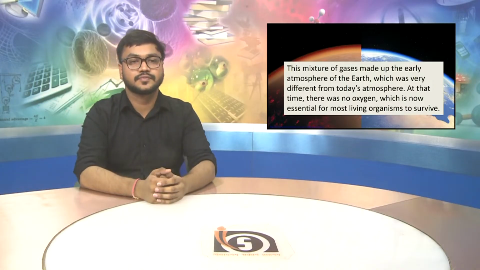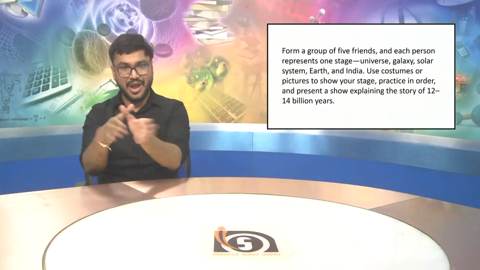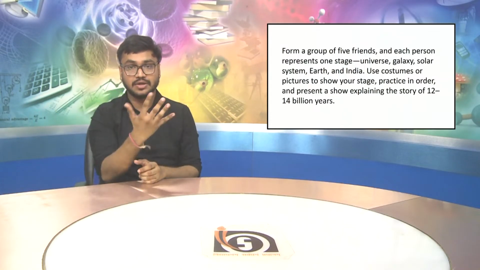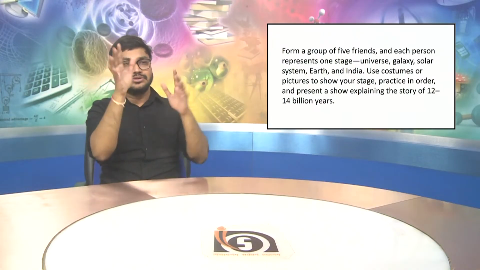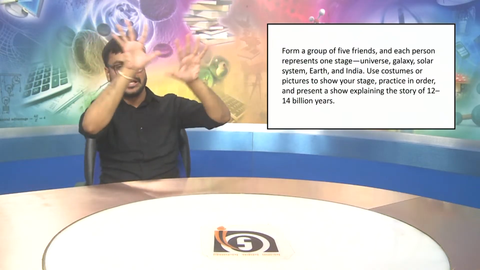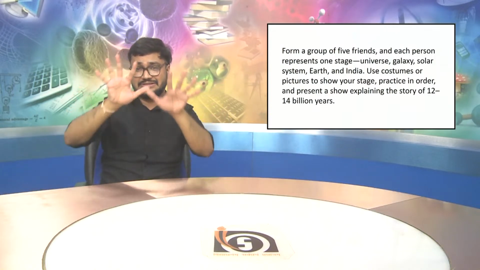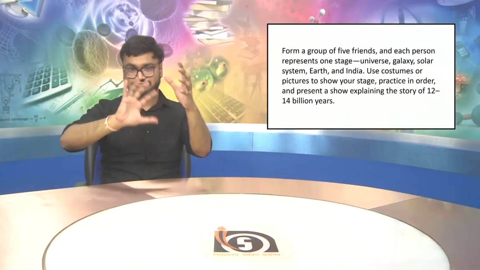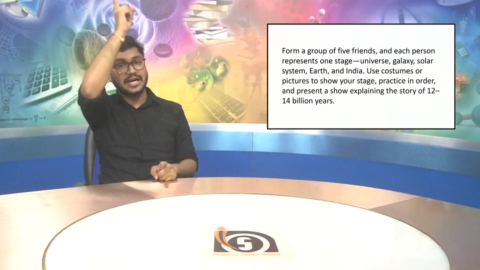Now form a group of 5 friends and each person represents one stage. First is universe, second galaxy, third solar system, fourth earth, and last is India. Use costumes or pictures to show your stage.